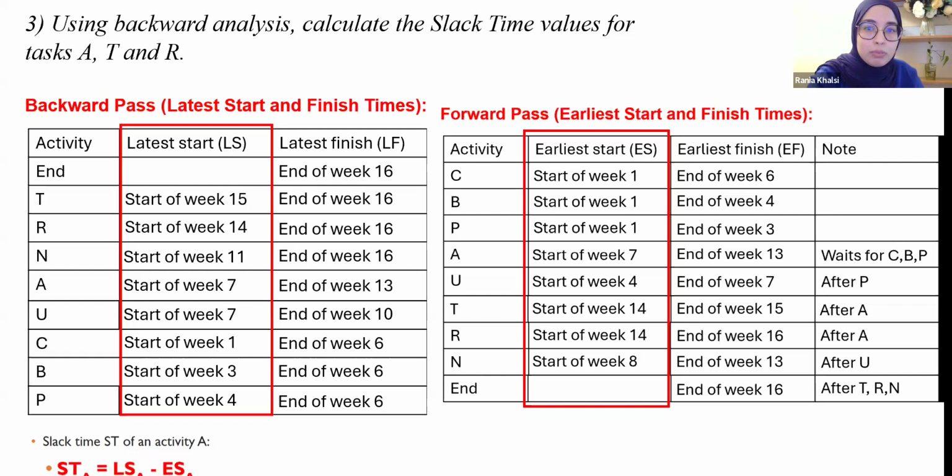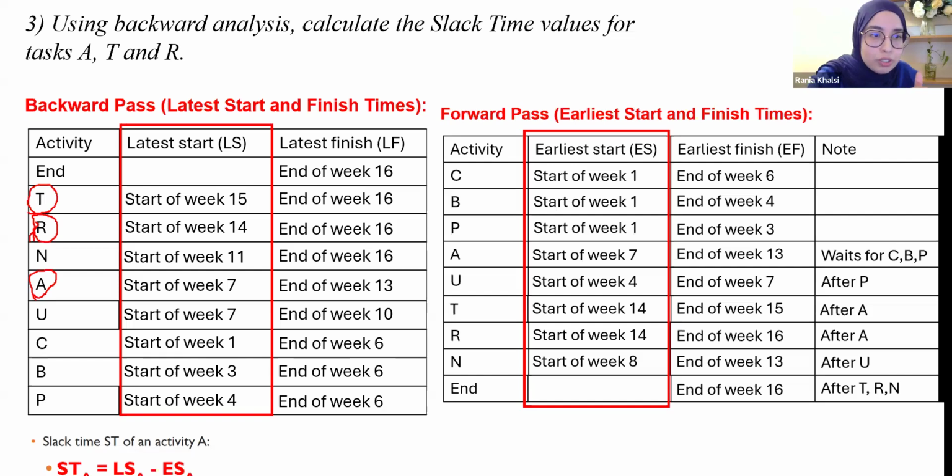Activities A, T, and R. I need to make sure I have T, R, and A. Where is A? It's here. I'm putting them in circles because I changed the order.